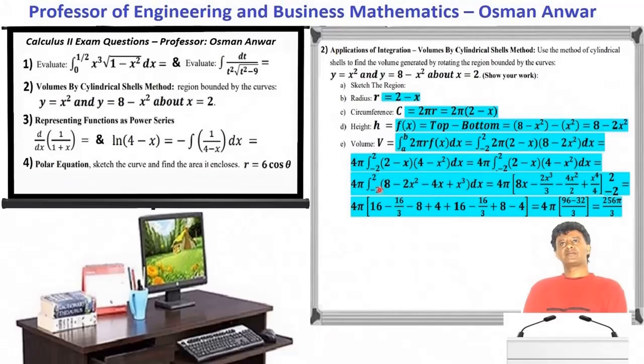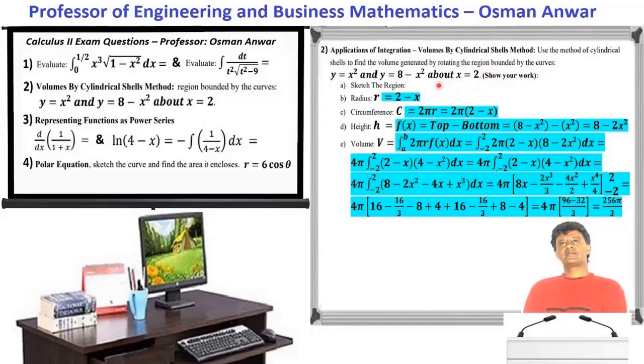And here I have another example. This is volume by the cylindrical shell method, which is like a disk method, and this is when you rotate the area bounded by y equals x squared and y equals 8 minus x squared about x equals 2.